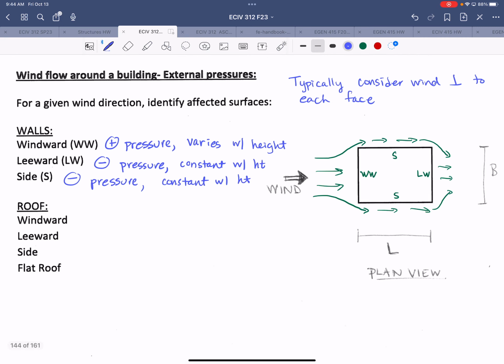All right, now the roof is a little bit more complex. It depends on if it's a flat roof or a sloped roof, and if the wind is parallel or perpendicular to the ridge, where ridge applies if it's a sloped roof.